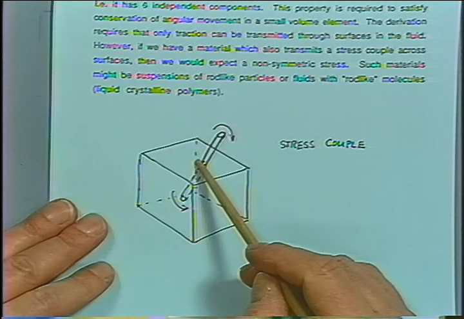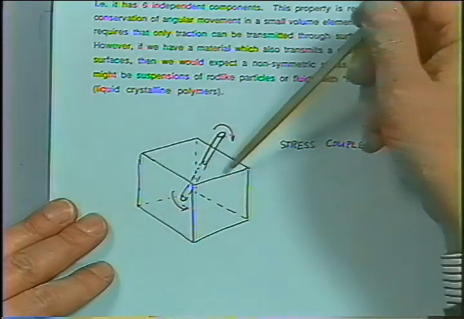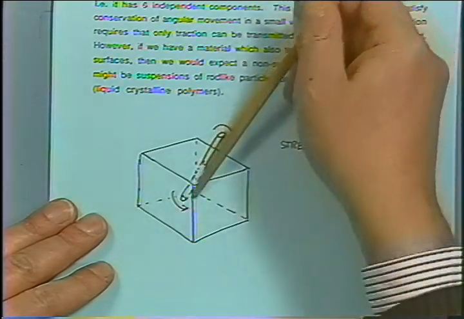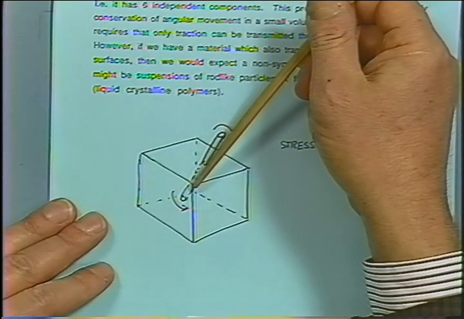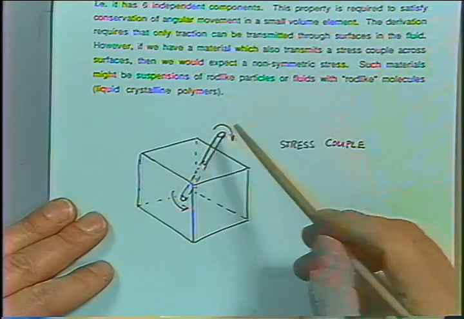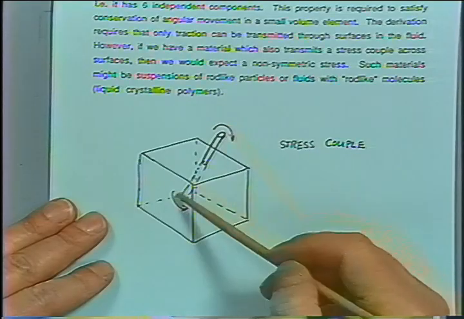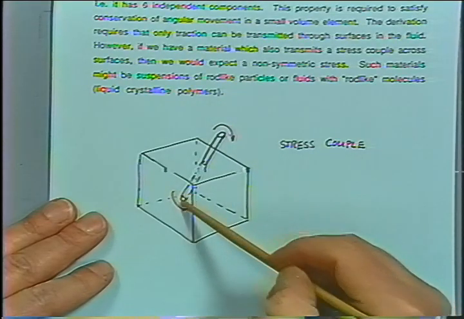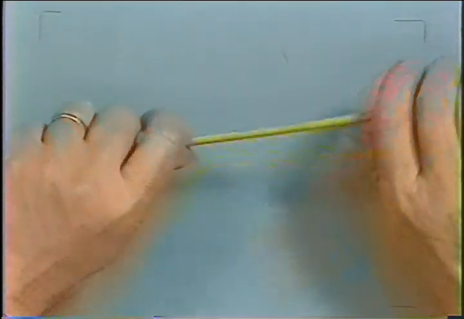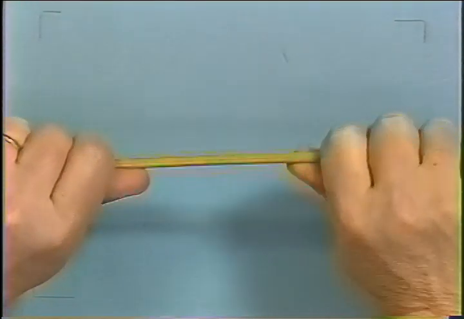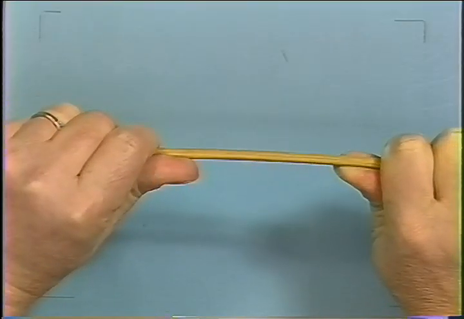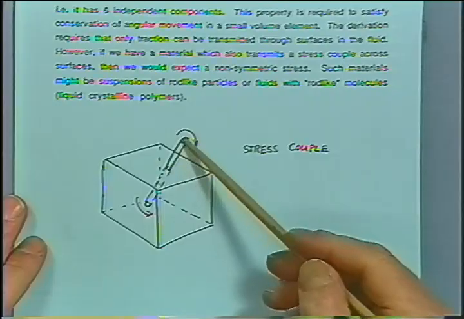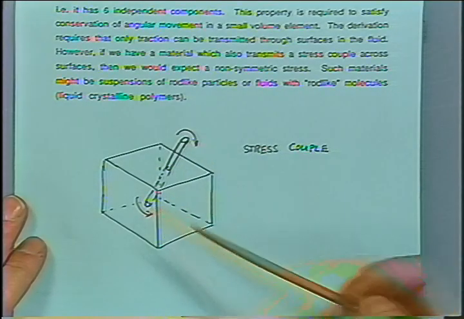For documenting a couple stress, I drew a material element, say in a liquid crystal polymer, maybe a stiff molecule, where a couple is acting outside and then a counterpart is acting on this side. Like if I would bend this stick, if I introduce a couple on one side, another couple is seen as a response. And in the same sense, for this material element, there would be a couple stress in here.